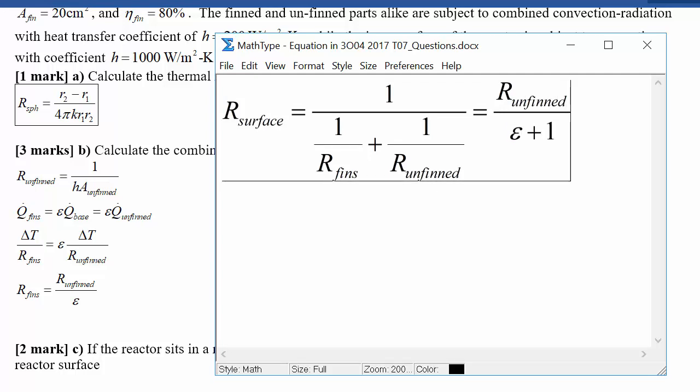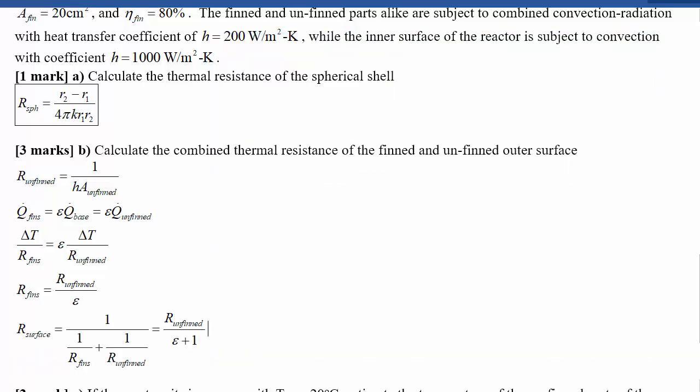Okay, so we've got the unfinned resistance there divided by epsilon plus 1 as the total amount of surface resistance there. Okay, great.